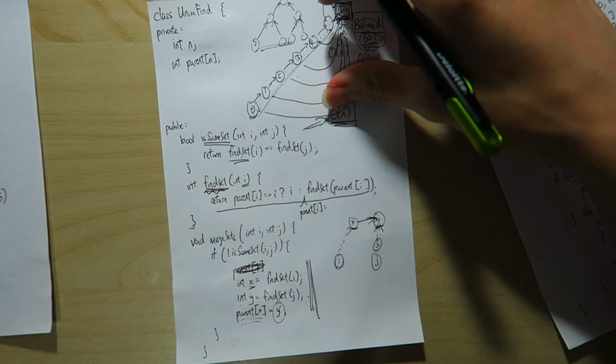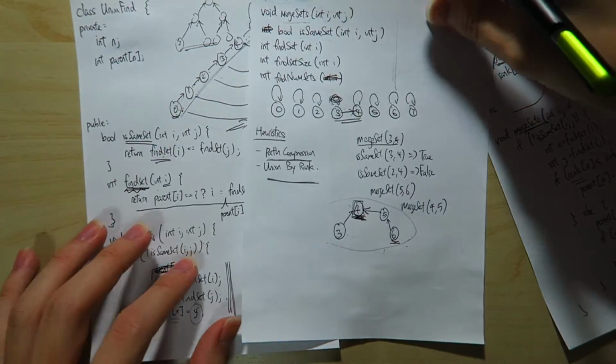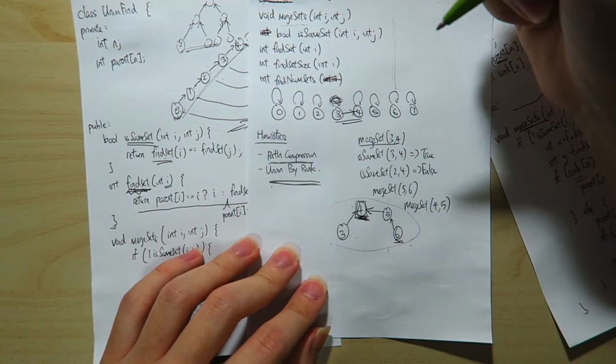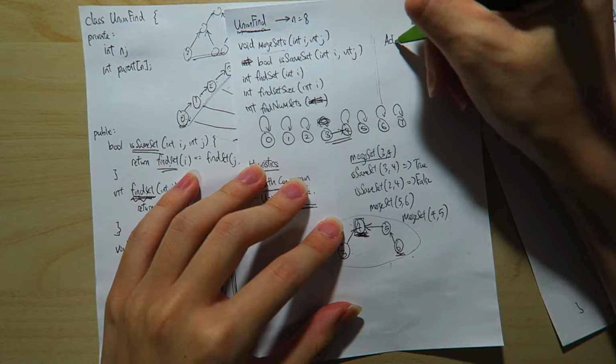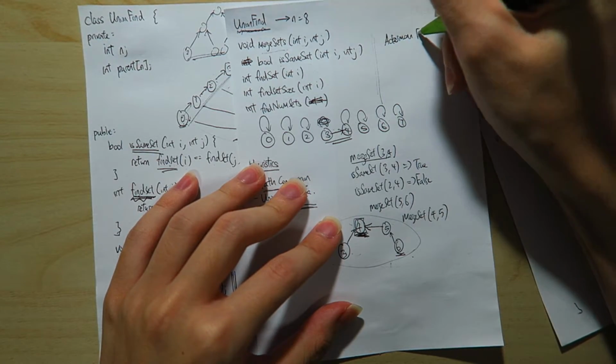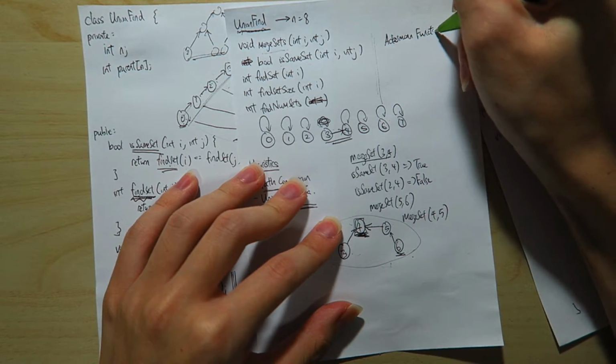And if we use these two heuristics, basically we are able to reduce the time complexity down to something called the Ackermann function, which is roughly linear.